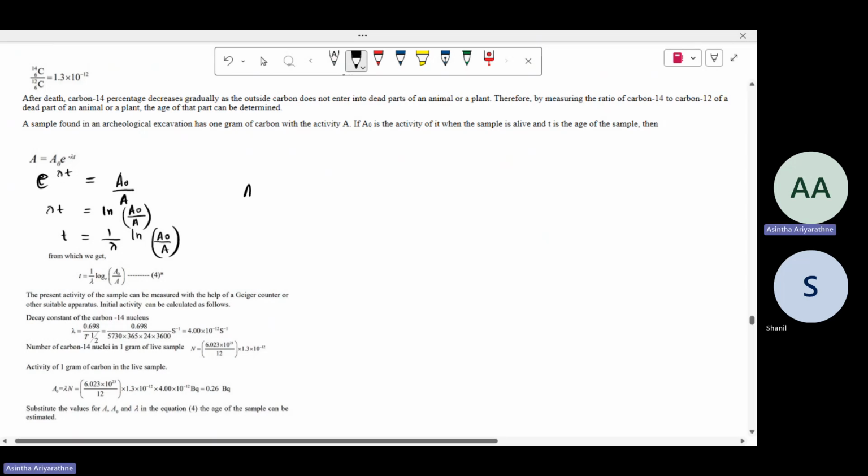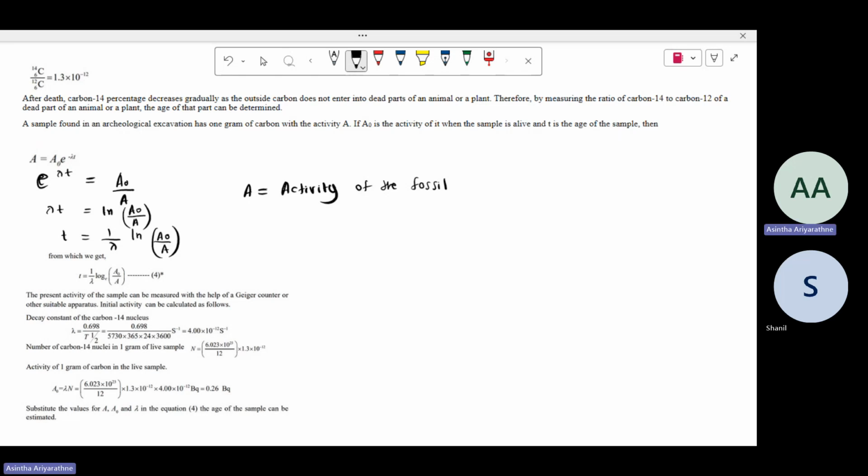A is the activity at the present, the activity of the fossil at the moment, at the present time.